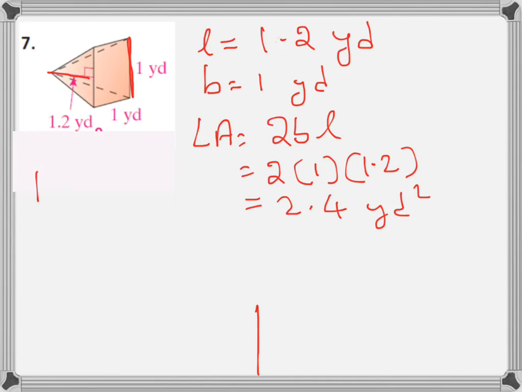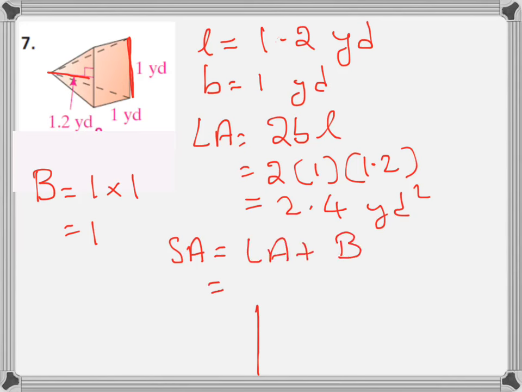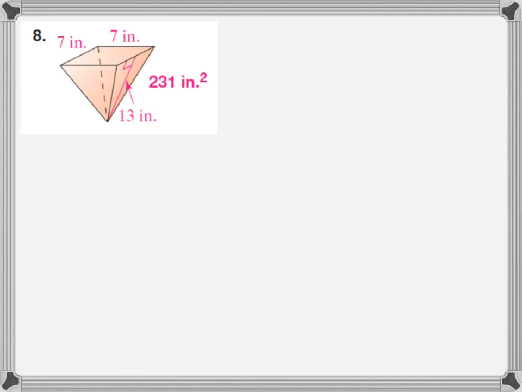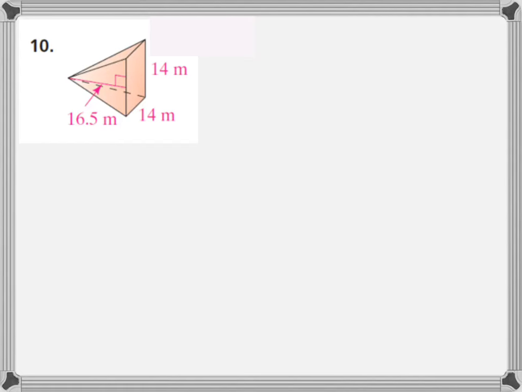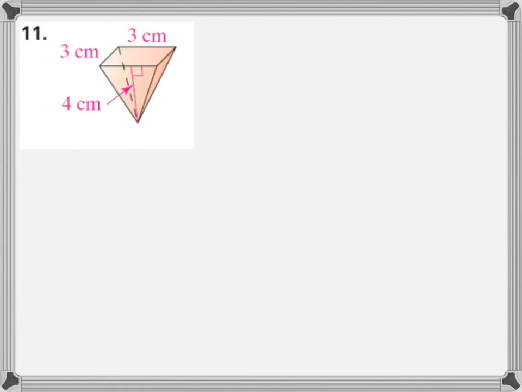And the area of the base is going to be 1 times 1, which is 1. SA is equal to LA plus B. LA is 2.4 plus 1, which is 3.4 yard square. And in the same way, you will do number 8, number 9, number 10, number 11.